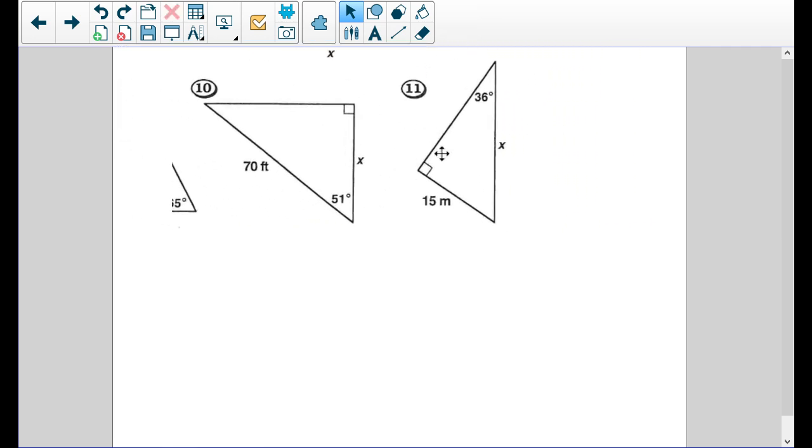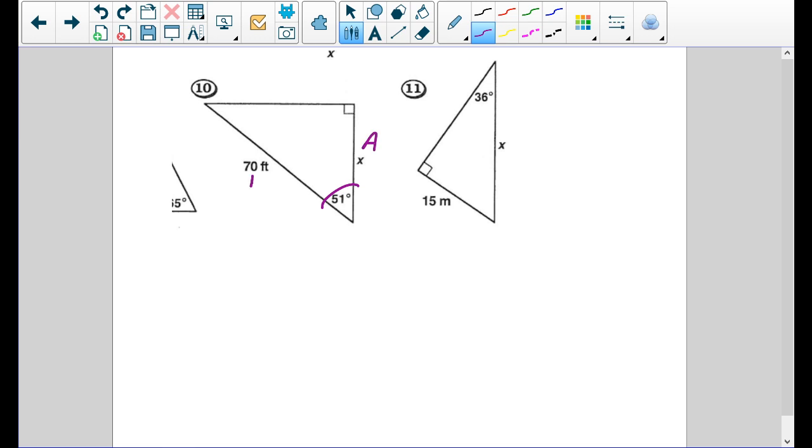So in 10, so again, let's label what we know. Here's my angle, 51. I could use the other angle, right? How would I find the other angle? Subtract from what? 180 or 90, right? 180 minus 90 is 90. Minus 51 gives me the third angle, right? So what's my 70 and what's my x? My x is adjacent, 70 is hypotenuse. So what uses AH?